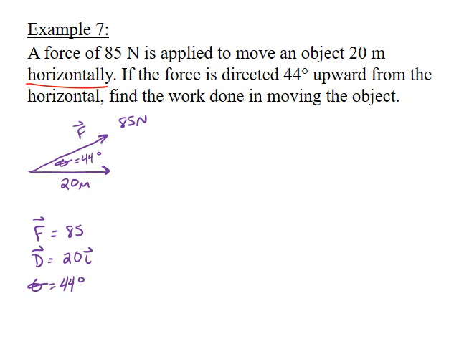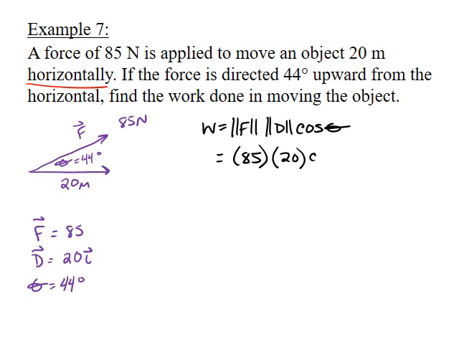The formula that we're going to use to find work is the magnitude of the force times the distance moved times cosine of theta. So this will be, oops, I'm sorry, 85 times 20 times cosine of 44 degrees.